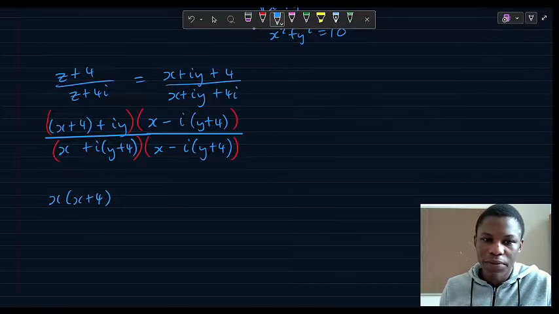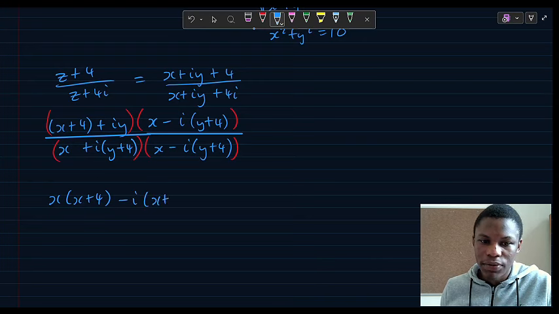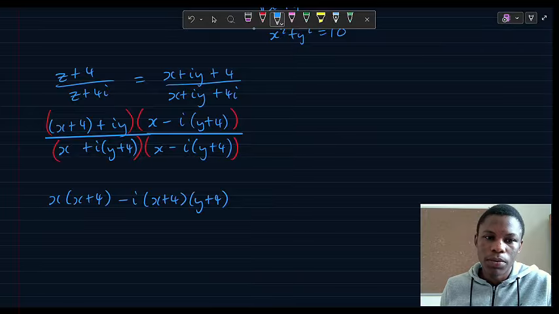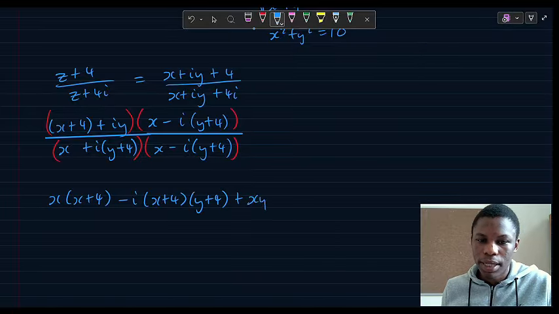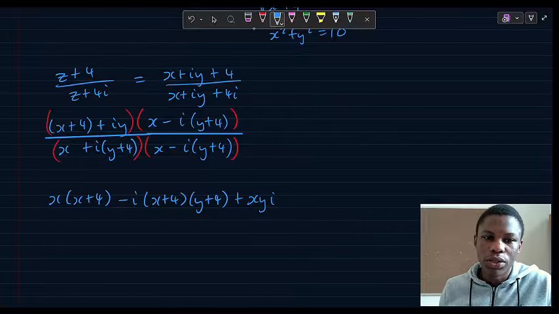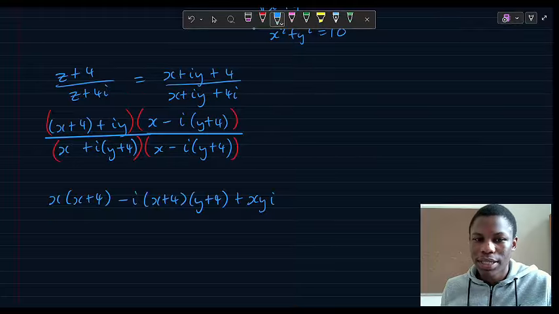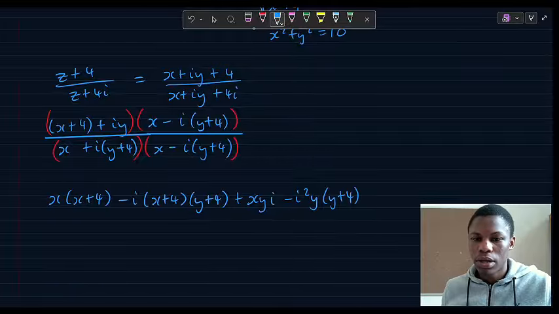Then the (x + 4) multiplying the negative i times (y + 4), so I end up with negative i(x + 4)(y + 4). Then I'm going to do iy times the x, so plus xyi. Then iy times the negative i(y + 4), so that gives me negative i squared y(y + 4).